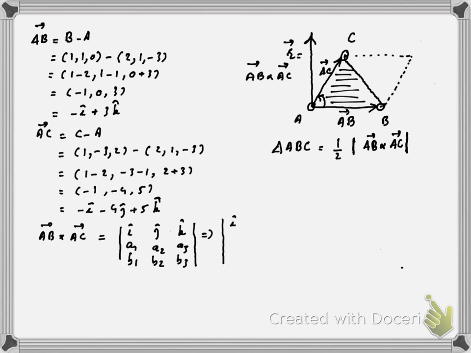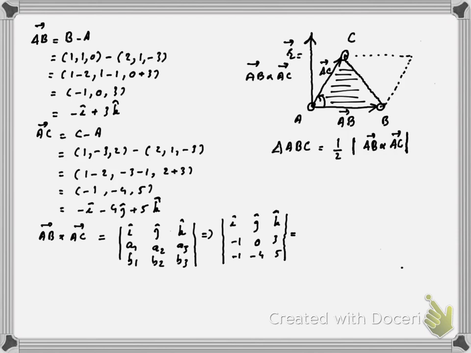Now i, j, k, A1, A2, A3 are the components of first vector: minus 1, 0, 3. B1, B2, B3: minus 1, minus 4, 5.